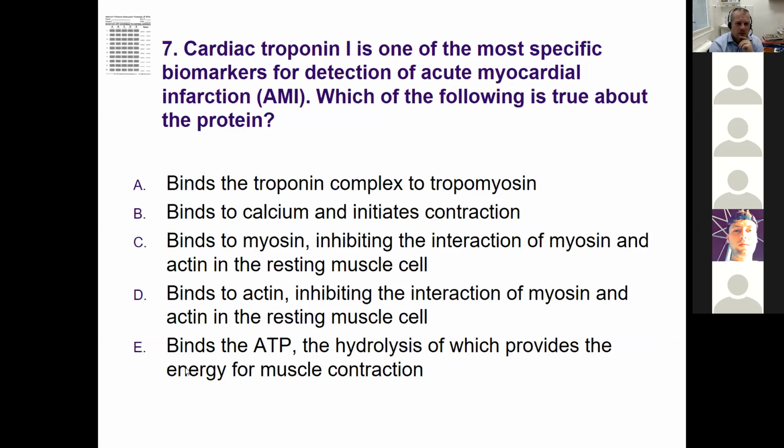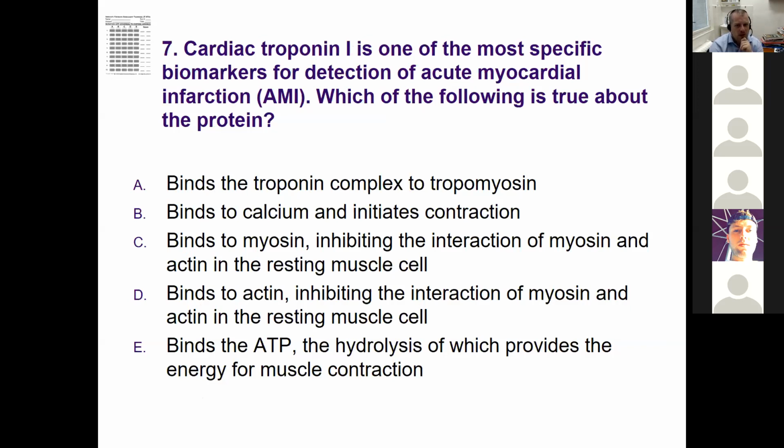Now, pick out the correct or the best description of what troponin I actually does and how it is organized in the cardiac muscle cells. Which of these statements might be correct?